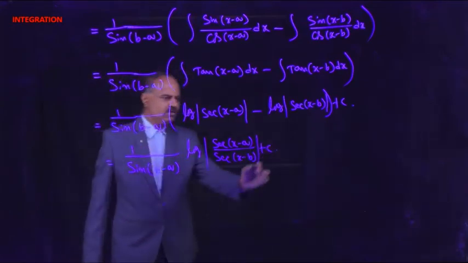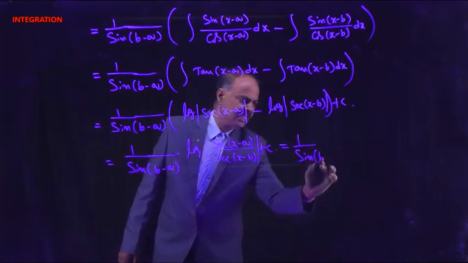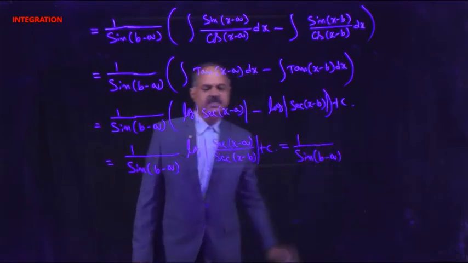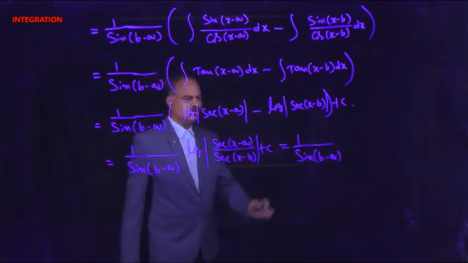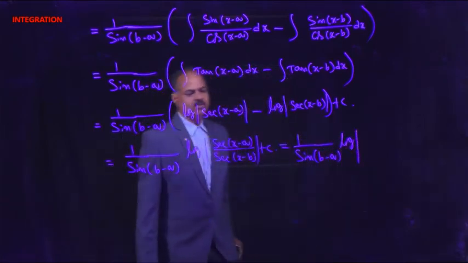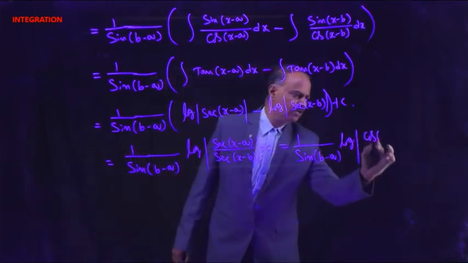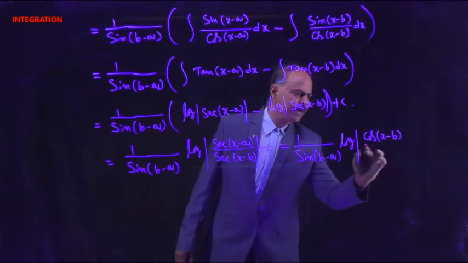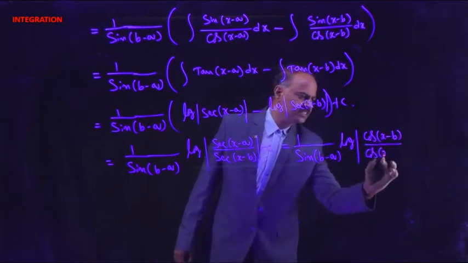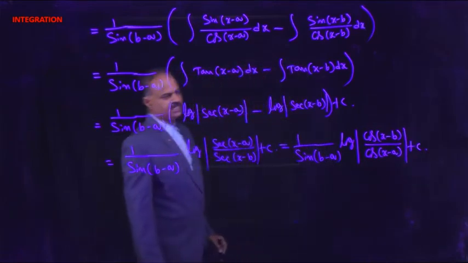Now this equals 1 by sin of (b minus a) into, here this can be written as log modulus of cos (x minus b) by cos (x minus a) plus integration constant c.